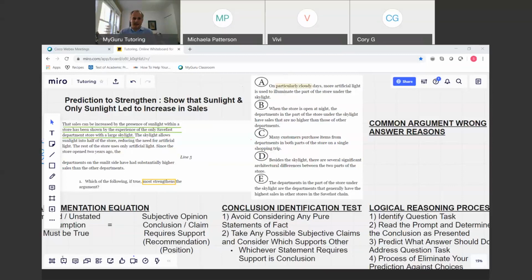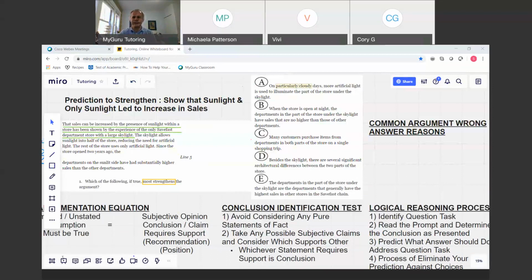Could there be 0 cloudy days, theoretically, right? So particularly cloudy is basically particularly vague, because the number of cloudy days could equal 0, and it could equal all.